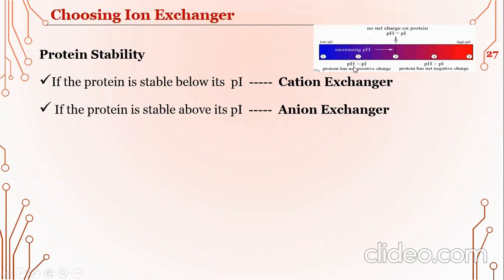Positive charges mean we need to use cation exchangers, because they exchange cations, the positive ions. But if the protein is stable above its pI, our protein is negatively charged, so we need to use anion exchangers, because they exchange the negative charges, the anions.